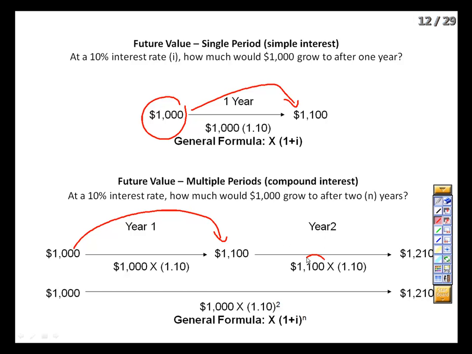We earn 10% on not just the original $1,000, but also the $100 of interest we earned in year 1, and that grows to $1,210 at the end of year 2. There's a mathematical formula here we can use to save us the math, so we can just do it in a single calculation, no matter how many periods we need. The future value of $1,000 in 2 years at a 10% interest rate is $1,210.